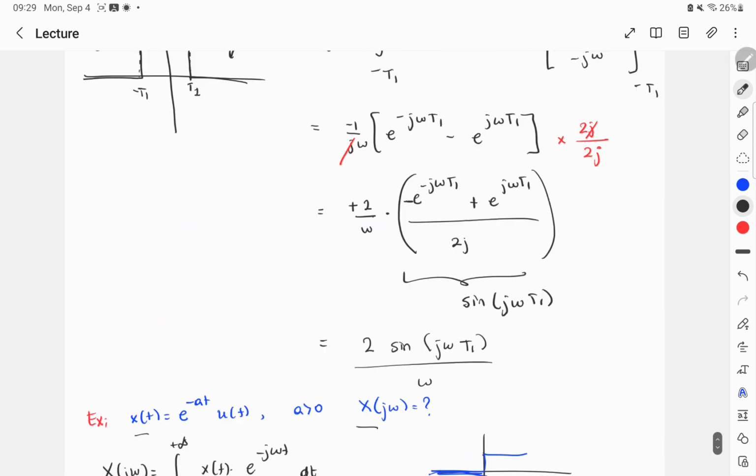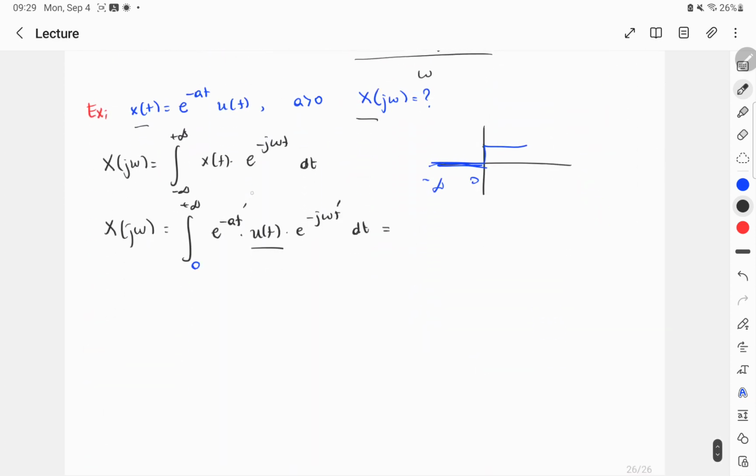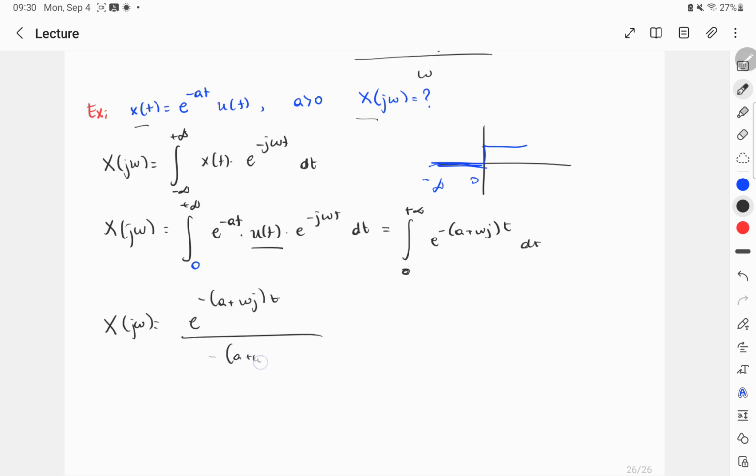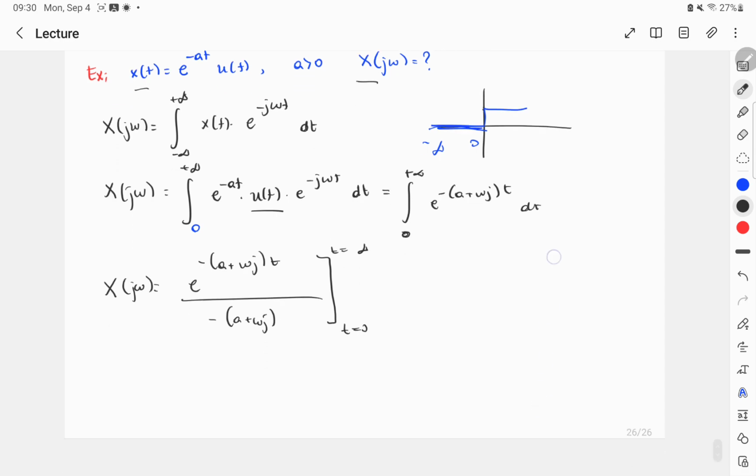We can take out these two together. And we can integrate it with respect to t, and it will give us e to the power of minus a plus wj t over minus a plus wj, from t equals 0 to t equals infinity.